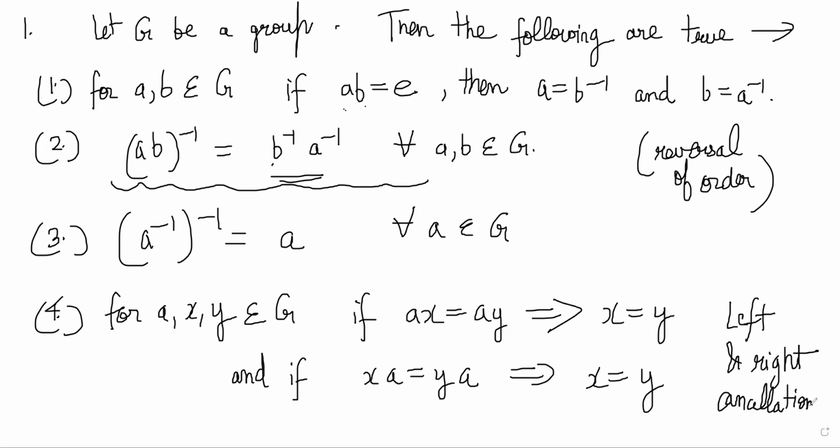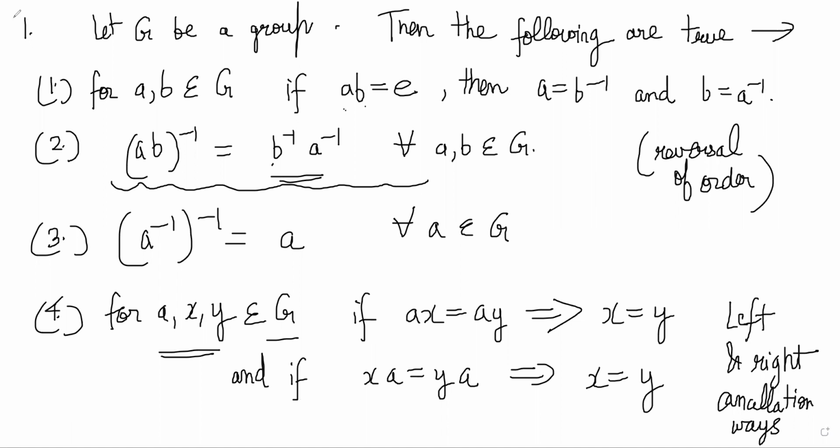Just like in basic algebra, we can cancel some terms here. As long as all three elements are members of the group, if AX and AY are matching, then you can cancel off the A from the left and X will be equal to Y. Similarly, if XA and YA are identical, then we can cancel off the A from the right and X will be equal to Y. So these are my left and right cancellation laws.